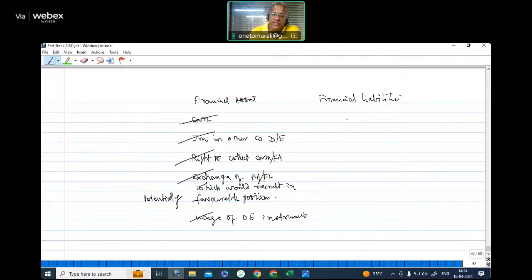In financial liabilities, against this you will not be having a matching item. So when I say right to collect, here we are going to say obligation to pay cash or financial asset.